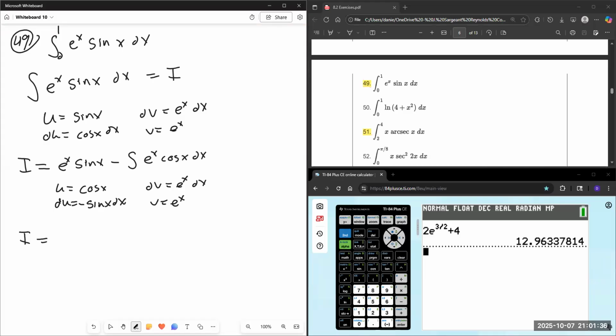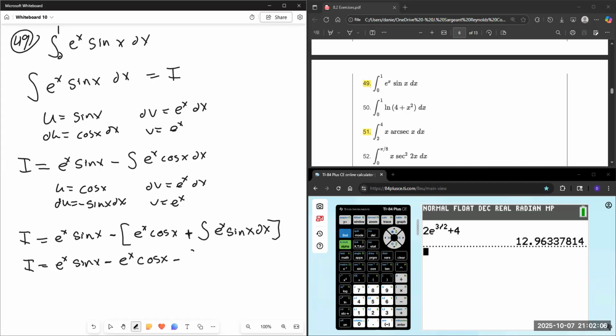So I will be equal to e to the x sine of x minus uv, cosine of x, minus the integral v du. So I is equal to e to the x sine of x minus e to the x cosine of x minus integral e to the x sine of x dx.